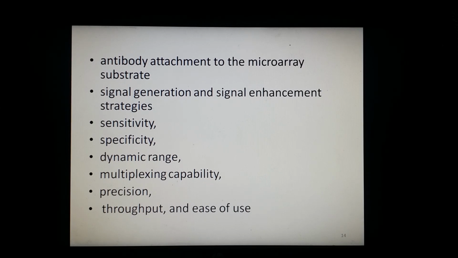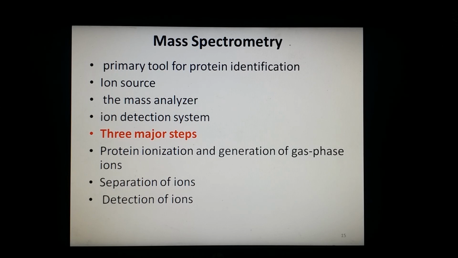So this is how antibody microarray is being revolutionized and used, and the advancements being made in it. The last method that we will be discussing today is mass spectrometry.